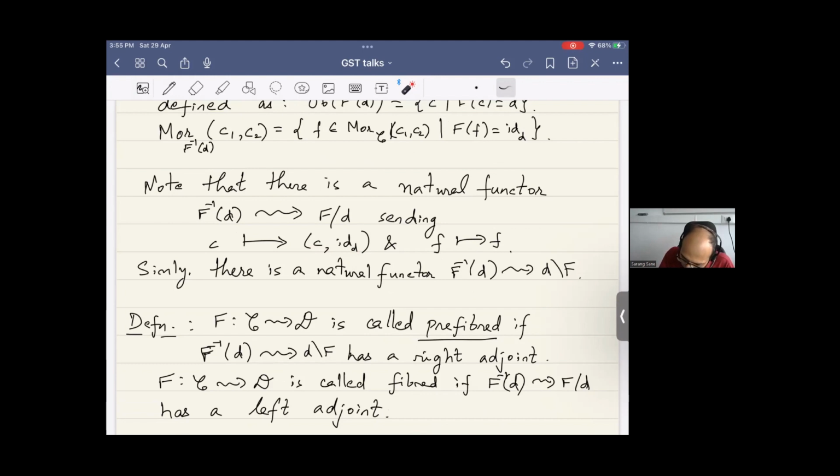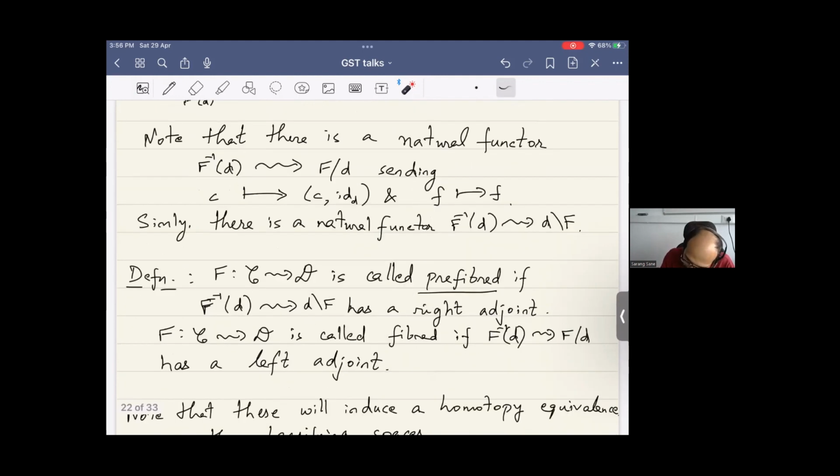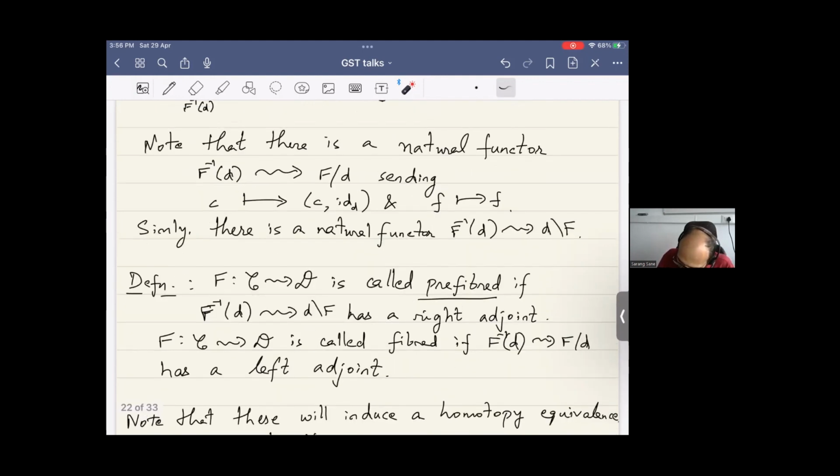Because F of C is equal to D. You started with C on this side in F inverse D. So F inverse D meant F of C is equal to D. So here you can take the identity. And morphisms just go to morphisms. There is nothing to do. Same morphism. And similarly, there is a natural functor on the other side.